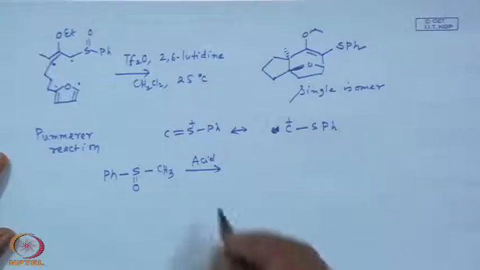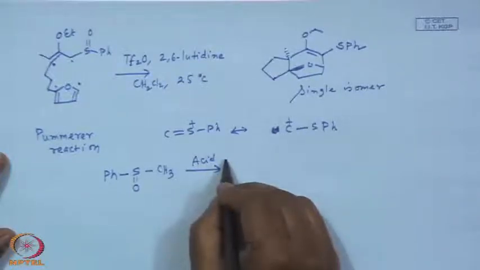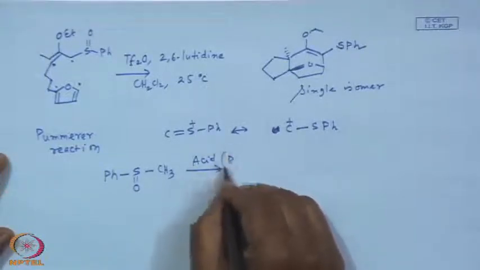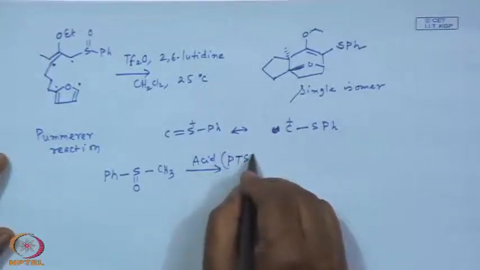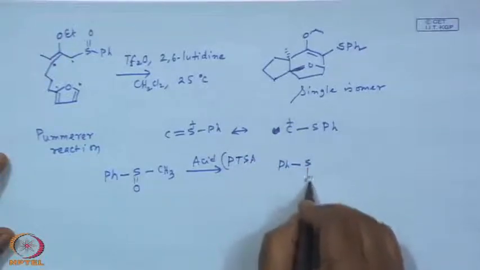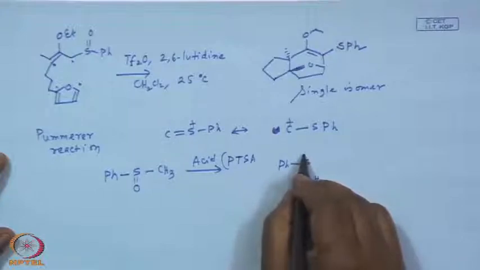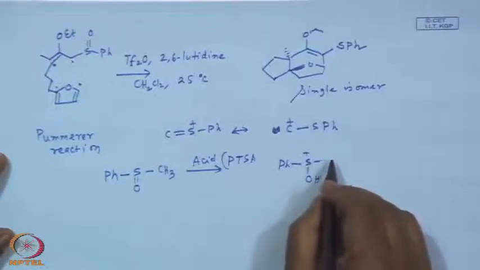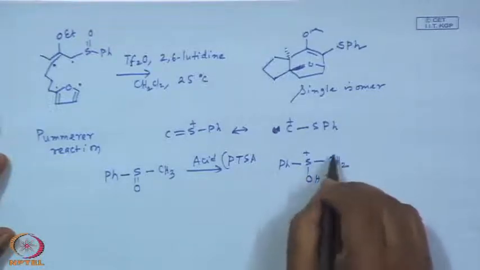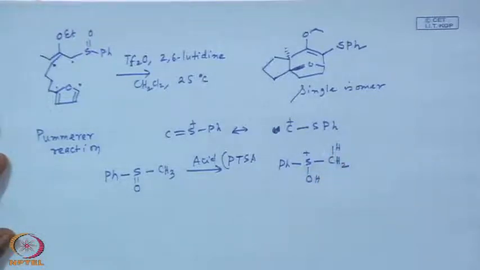Let us say we begin with the commonest one, paratoluene sulfonic acid. What is expected here is that oxygen gets protonated. So, you get a sulfonium ion.